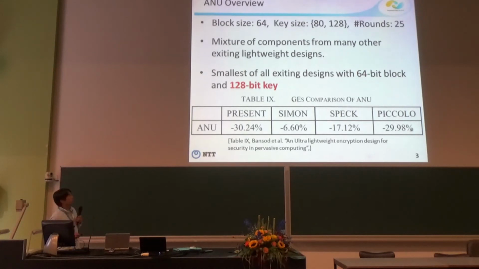The designers claim it is the smallest of all existing designs with a 64-bit block and 128-bit key. For example, this table shows the comparison of GEs, and compared to PRESENT, Simon, Speck and Piccolo, ANU is smaller, which is a nice result.